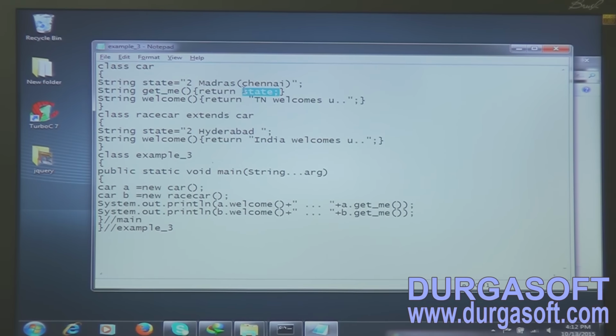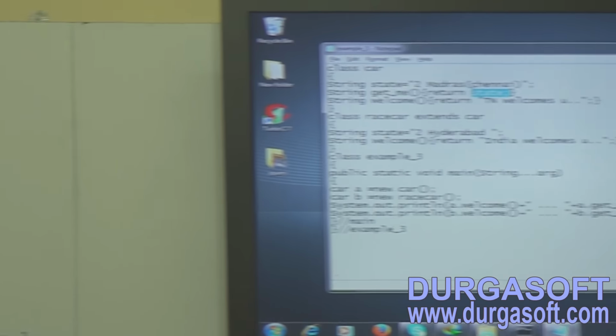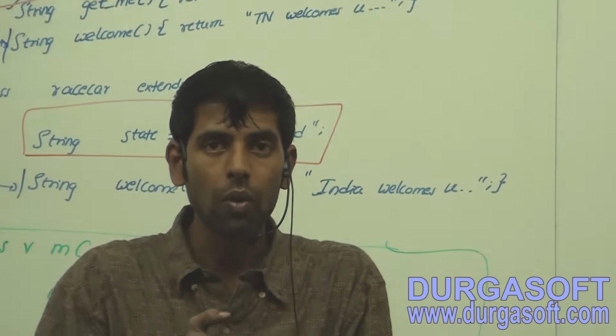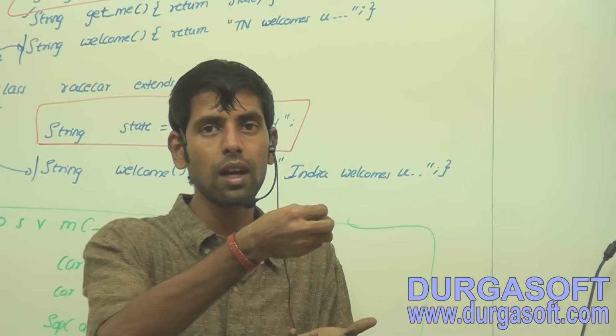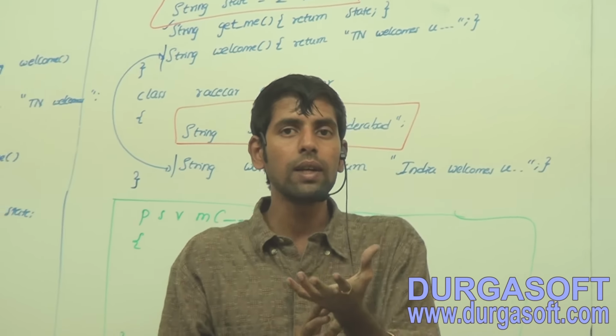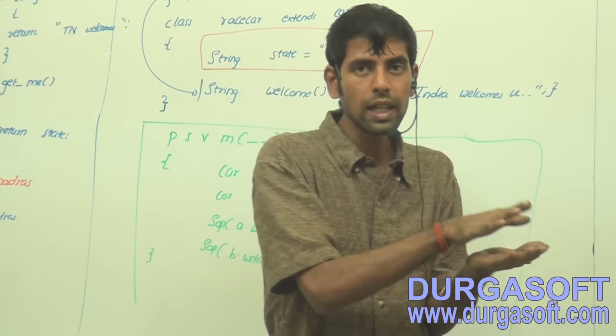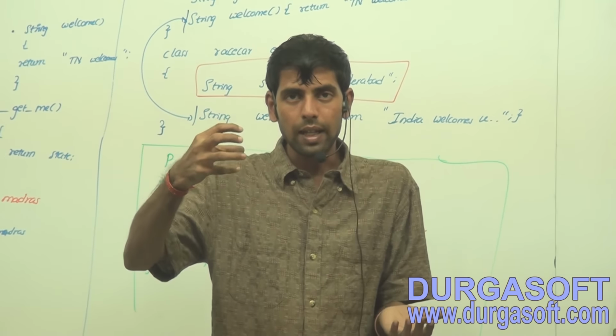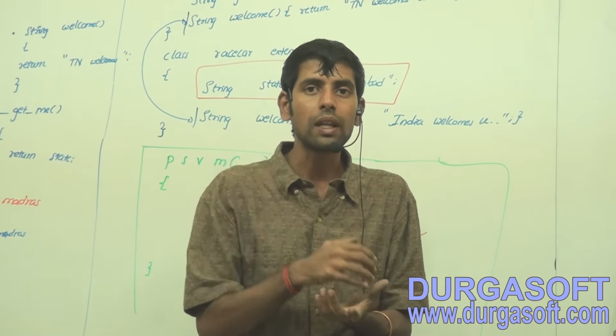In polymorphic nature, we don't have any overriding concept for data variables. Based on the type only, the data member or the variable name is going to get resolved. This is called variable masking. Now I hope you get this one. Try to practice these things once or twice, so that it will be very easy for you guys.